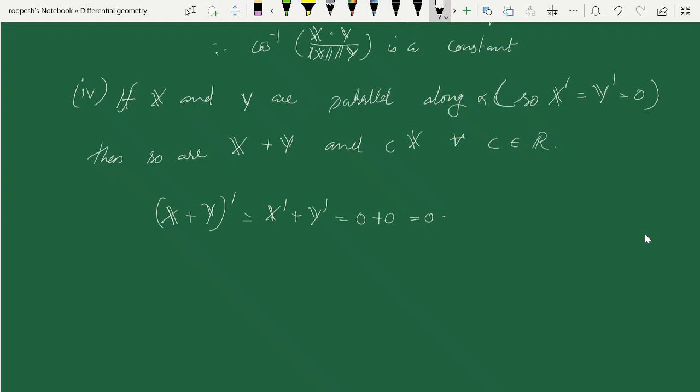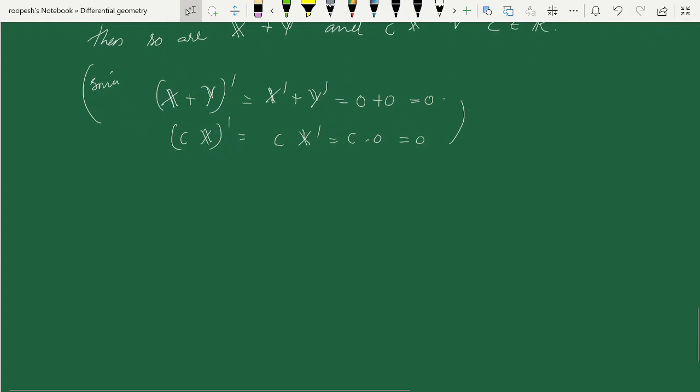Again we have (cX) dash, which is c into X dash, that is c into 0, which again results in 0. So this is the reason why whenever X and Y are parallel along alpha, so are X plus Y and cX.